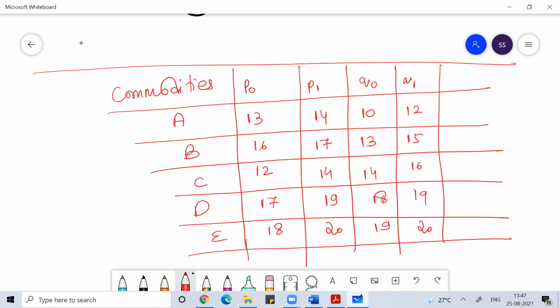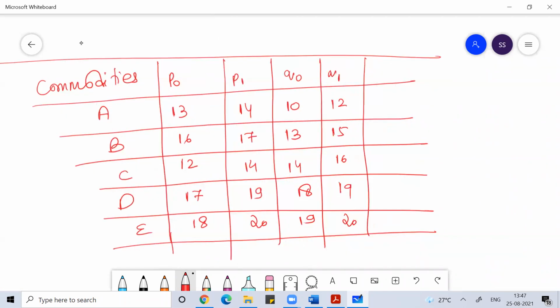So if you see this question, if I find P naught Q naught: 13 into 10, 130. Then 16 into 13, 208.